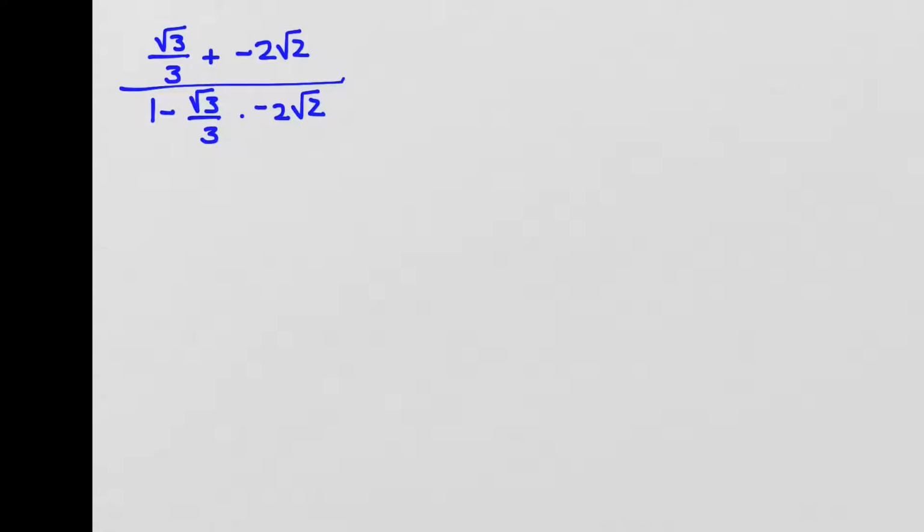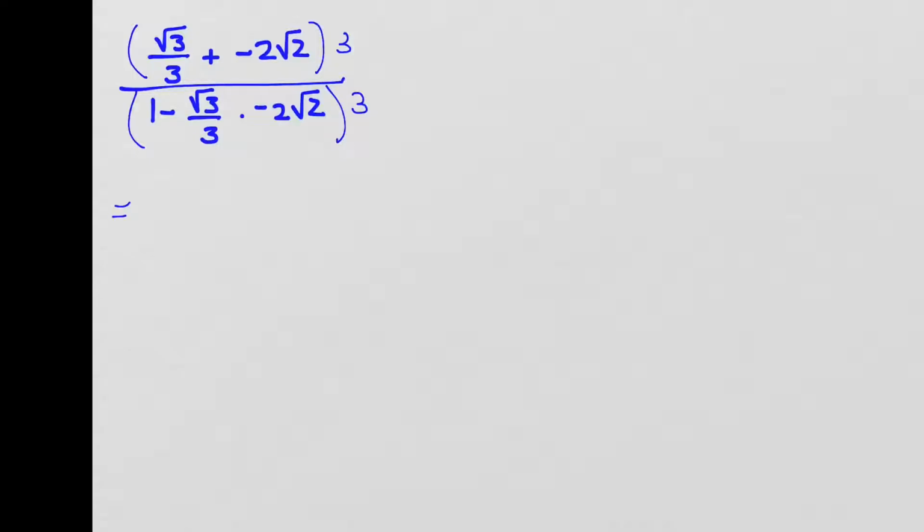Okay, so now I've got square root of 3 over 3 plus the negative 2 times the square root of 2 all over 1 minus square root of 3 over 3 times negative 2 square roots of 2. So what I can do with this is start by multiplying both the numerator and the denominator by 3. And so what that does is gets rid of those little mini fractions that we have.